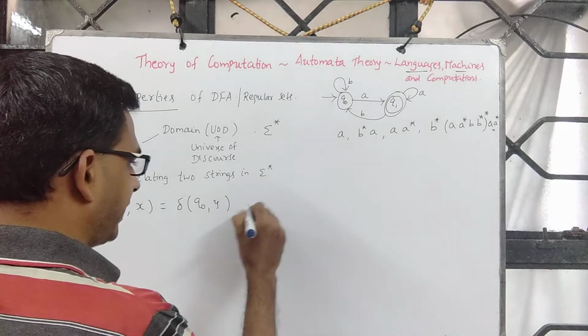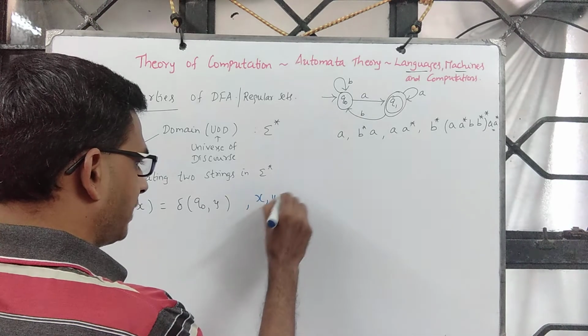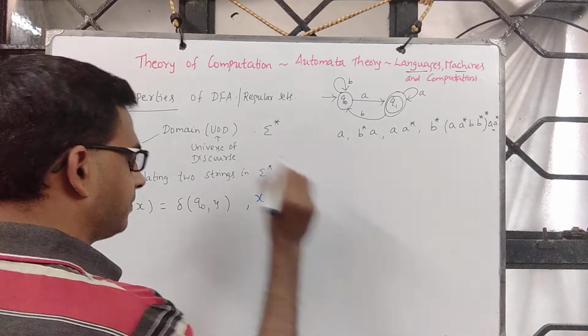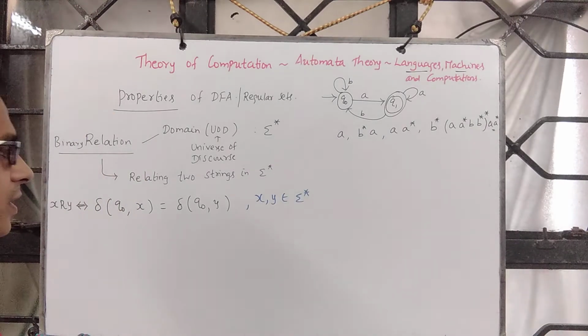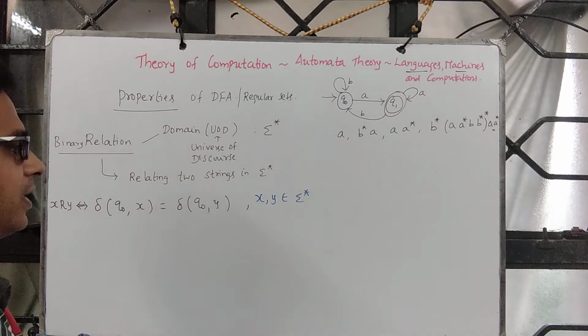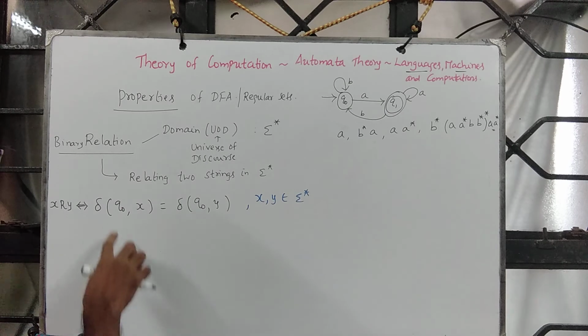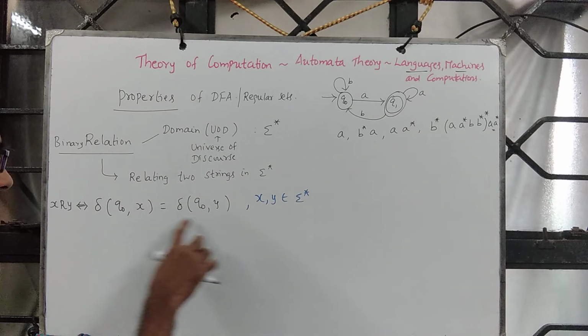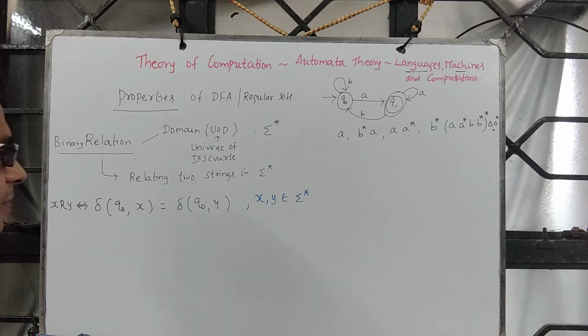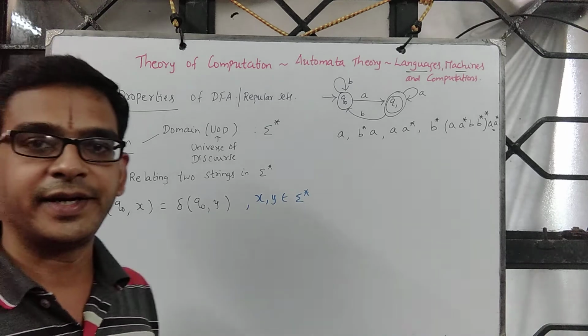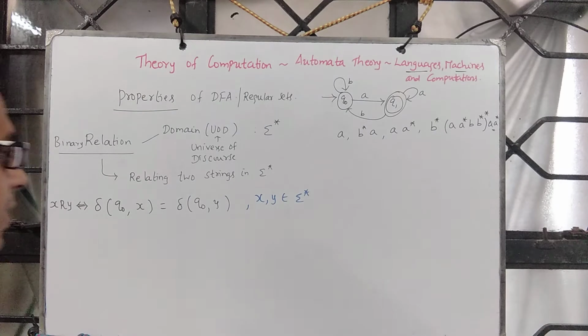So where do x and y come from? X and y belong to sigma star. So you take any two strings and you see that delta of q naught comma x is the same as delta of q naught comma y, then you say x and y are related. Fine?